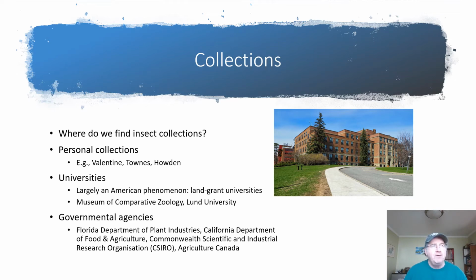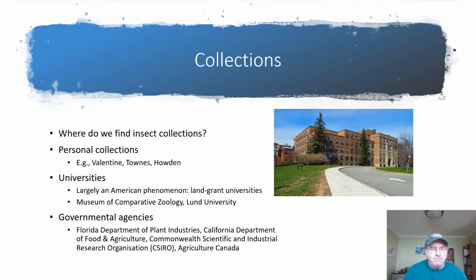So university collections are facing some difficult times in terms of funding and how priorities change. Universities like to think of themselves as nimble and able to adapt to the changing intellectual climate. And so whereas taxonomy and systematics was a very prominent part of university departments through at least the first half of the 20th century, and well beyond that, well up into the 1980s, it has been gradually, and sometimes not so gradually, declining since then.